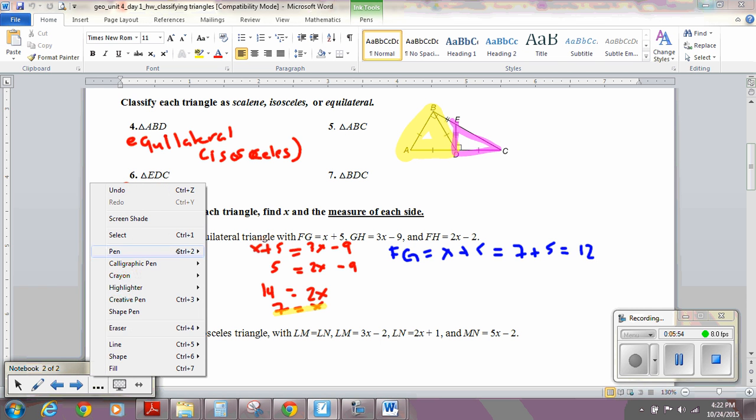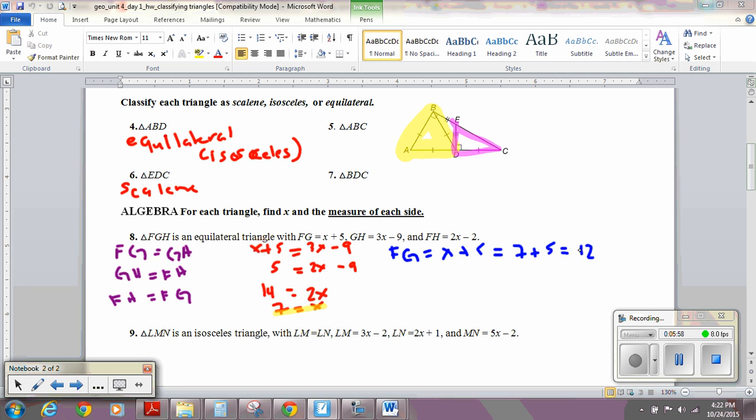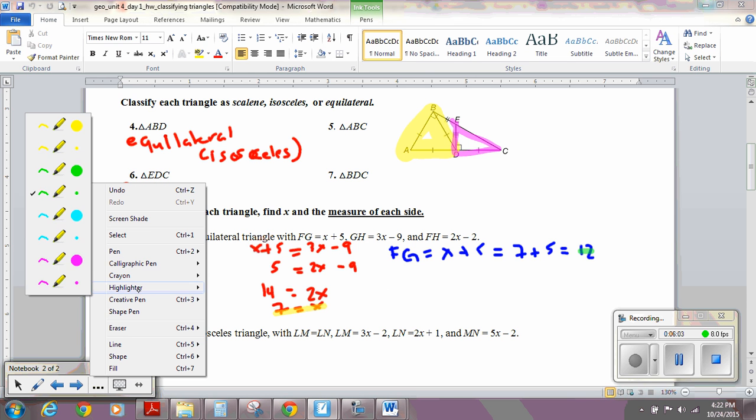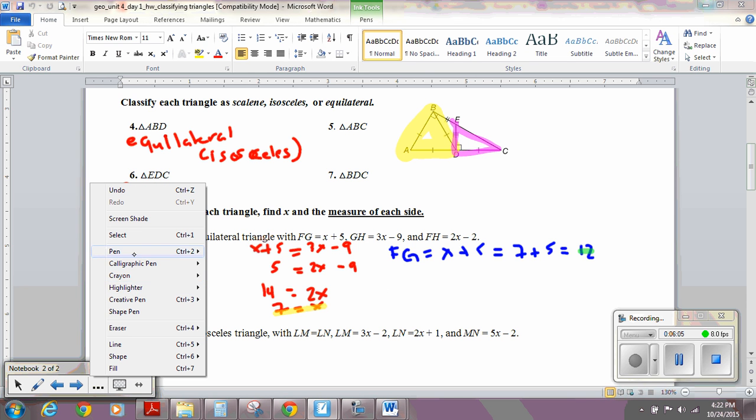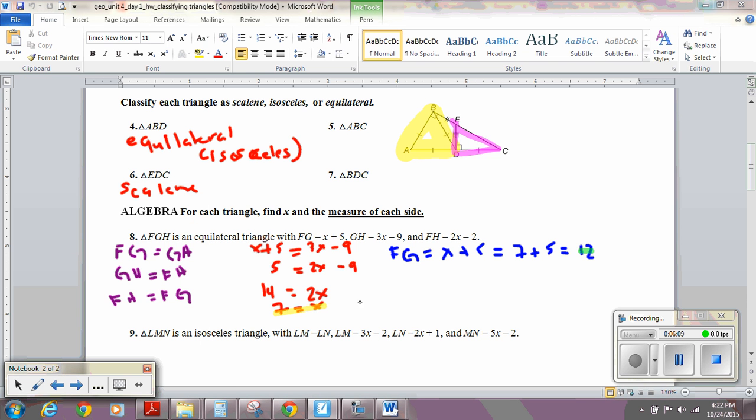And since it's equilateral again, all three sides are going to be the same. So that means side FG is equal to side GH, which is equal to side FH, which will all equal 12.